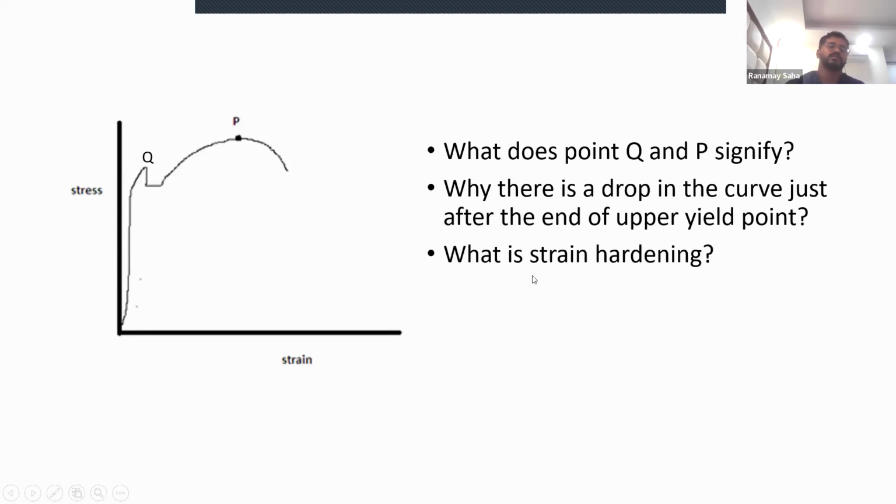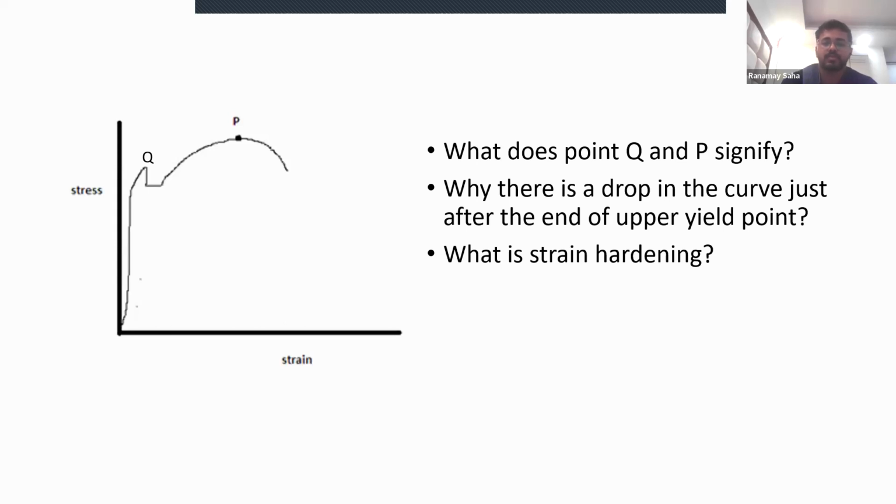What is strain hardening? Strain hardening is actually the piling up of dislocations, the dislocation defects within a material, which happens due to shifting of a plane of atoms from its own place. You can see the movement of a dislocation in one way, and in another way a slip between two layers of planes in the opposite direction.